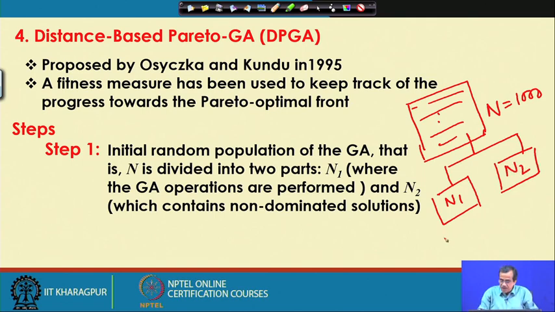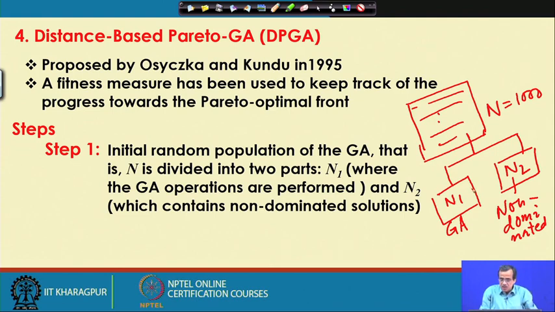All the GA operators like reproduction, crossover and mutation are going to work on subpopulation N1, and N2 contains all the non-dominated solutions.